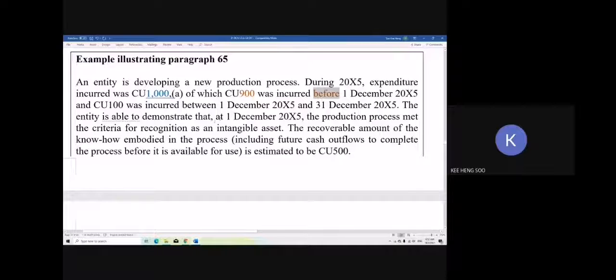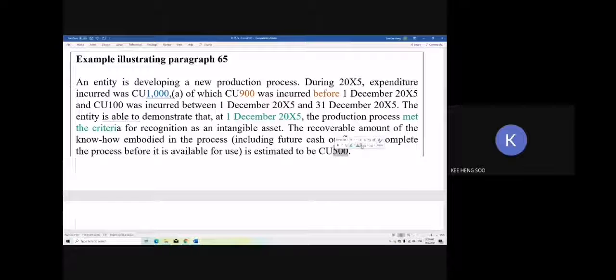On the 1st December, it meet the criteria. All the criteria I just mentioned, A, B, C, D, E, F. From the 1st December, it meet the criteria. The recoverable amount is 500.